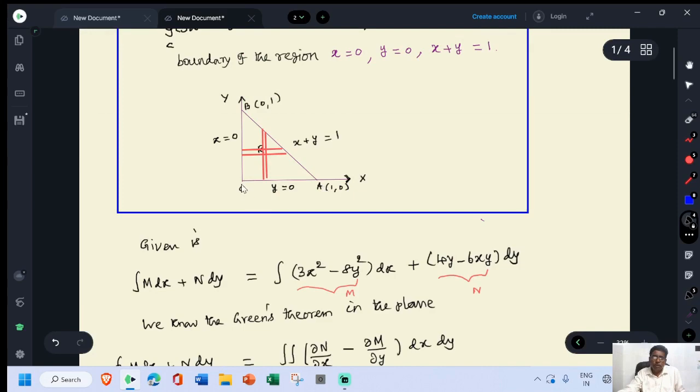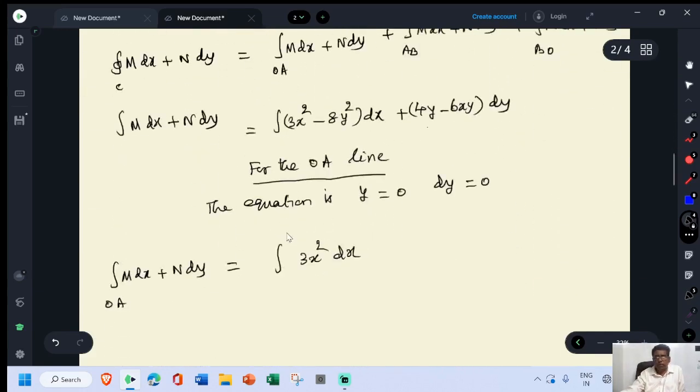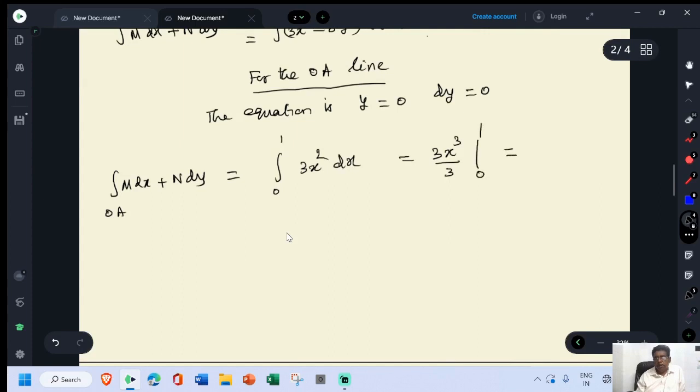The lower value of x is 0, the upper value of x is 1, so 0 to 1. This is equal to 3x cube by 3, 0 to 1, which is, 3 gets cancelled, 1 cube is 1. So the integral value is 1.